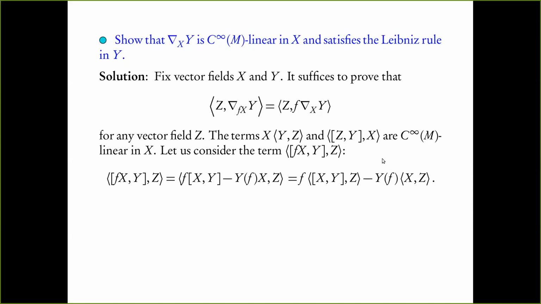What about the next term? Well, you also have this term, remember? So what does this term do? Well, this is inner product z with fx. Even here, there's some sort of a Leibniz rule. Either the f pulls out or you get y of f, but this comes with a plus sign. So you're really adding this term with this term, but then these two add up, so they cancel.